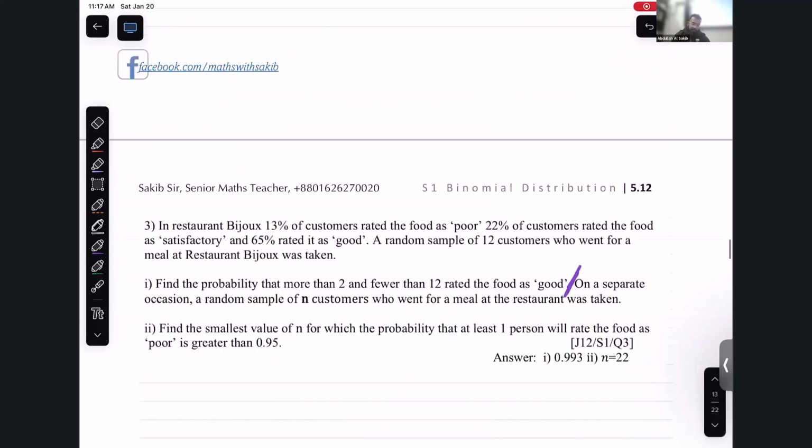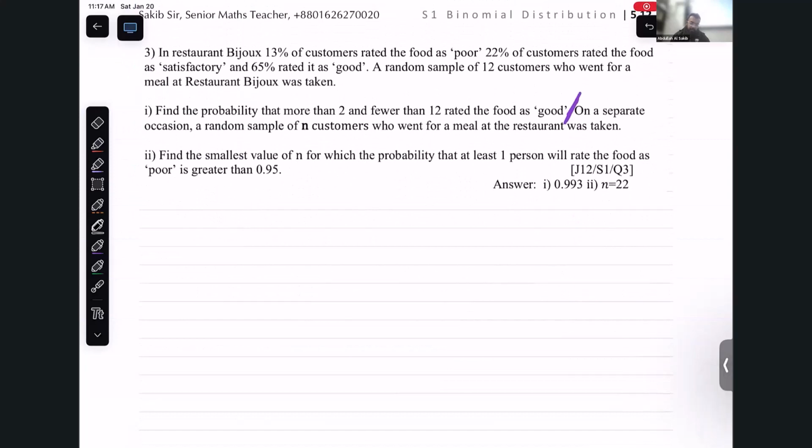Okay, next. Ready. The last question on probability, binomial distribution. In restaurant Bezos, 13% of the customers rated the food as poor. 22% of the customers rated the food as satisfactory, and 65% as good.